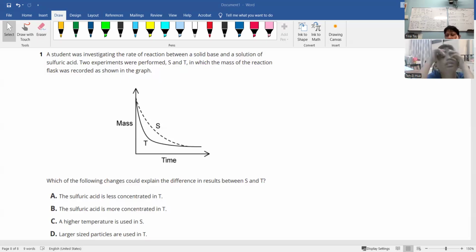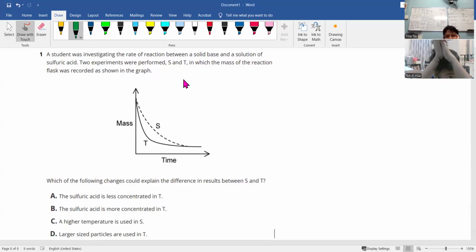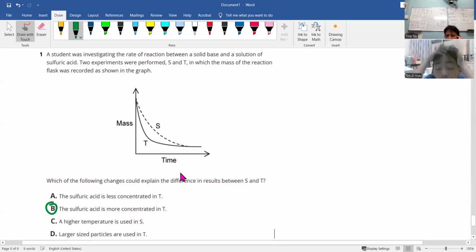More concentrated in T. Okay, a student reacts a solid with solutions in an experiment, and the mass of the reaction is recorded. What's the answer? A, B, C, D? B. Correct. Okay, good.